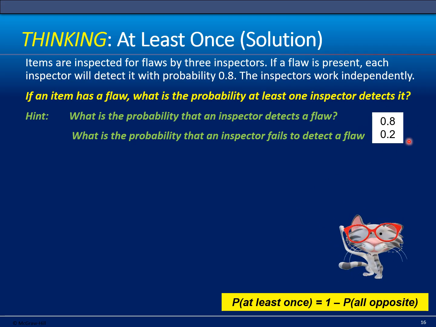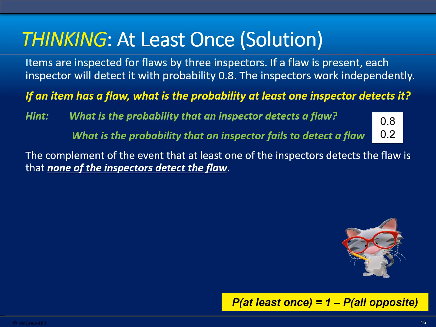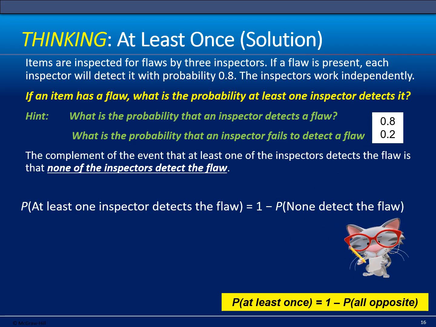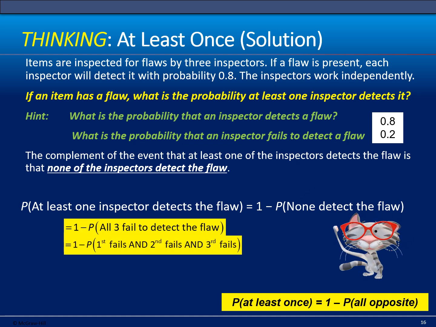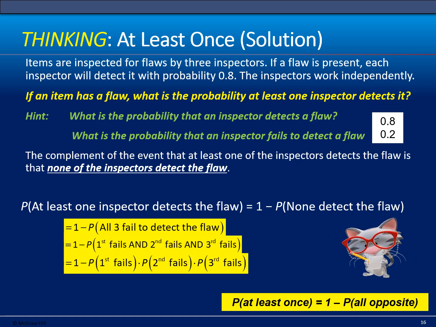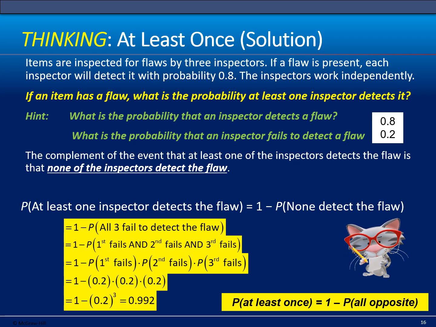They're all the same because they're all independent. And so again, we're going to have 1 minus 0.2 times 0.2 times 0.2. We get 0.992. Again, these inspectors are experienced. They have a high probability of detecting flaws. And for a flaw to go through 3 people and not get detected is a very unlikely event.